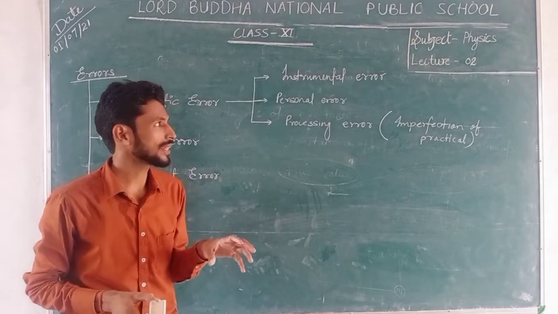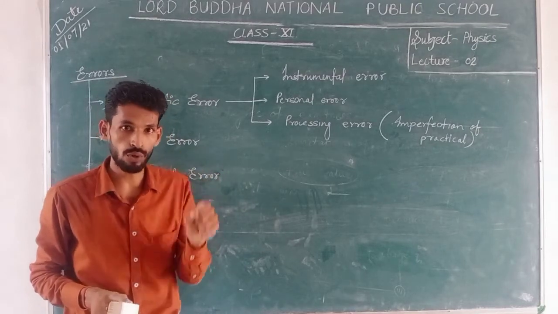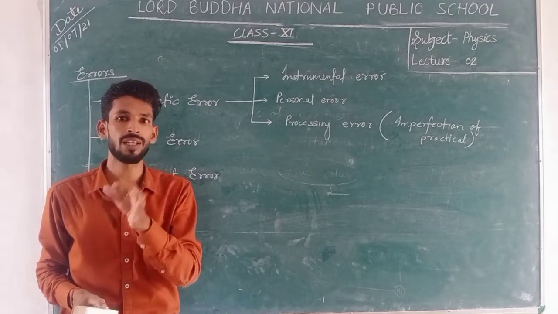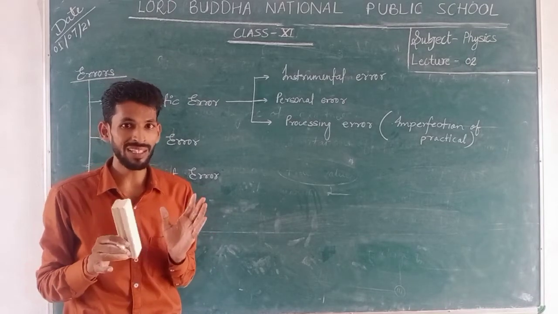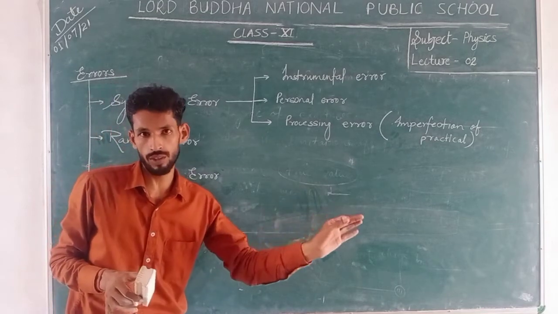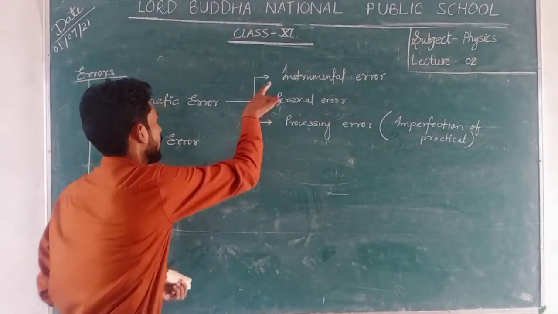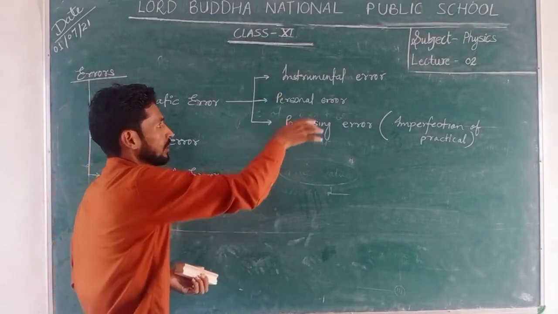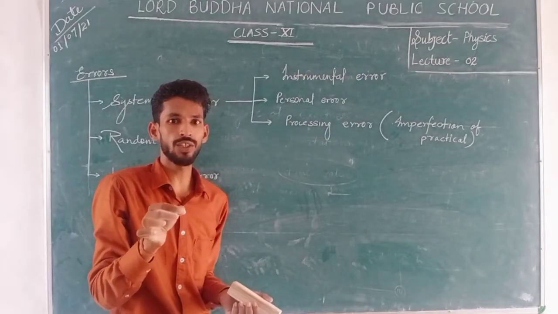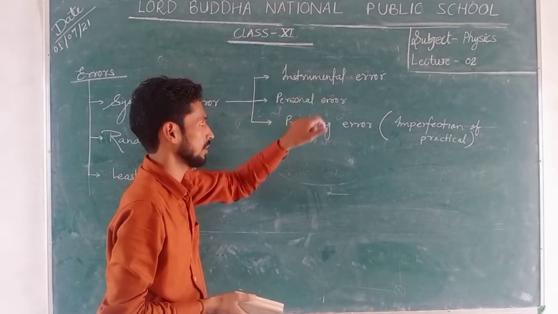Because in any measurement, some error will always be there; it can never happen that there is not even 0 point something error. So any measurement is not perfect. So it can be near to 0 but not equal to 0. Clear that? So here is the instrumental error. This error occurs due to the instrument which is used in measurement. That is known as instrumental error.